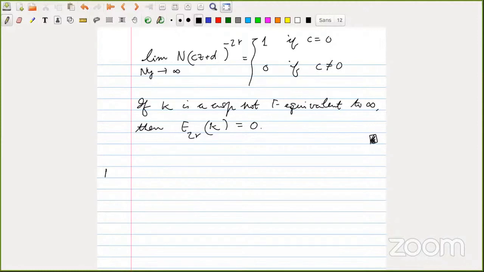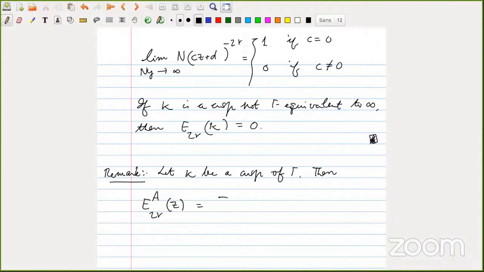So here is this remark. If I have kappa, a cusp of Gamma, then I can transform this kappa to infinity, and then it's also good to look at E_r,A of z.